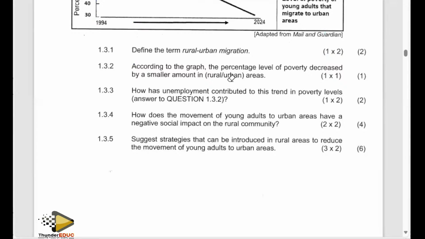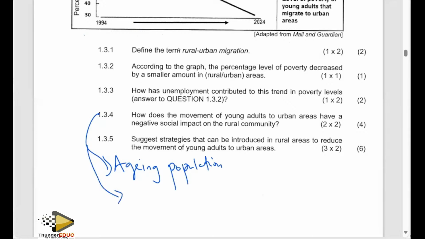That can be one social negative implication of the movement. The rural areas will now remain with people who are aged because those people are not moving. The young are the ones who are moving. So the aging population remains without support. They do not have physical support since the active ones are the ones who are moving out of the rural areas.